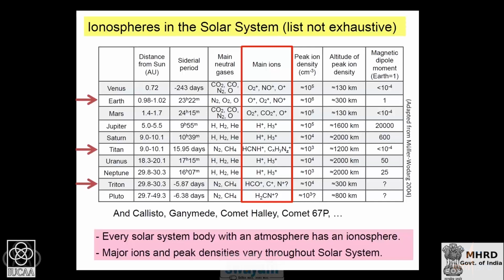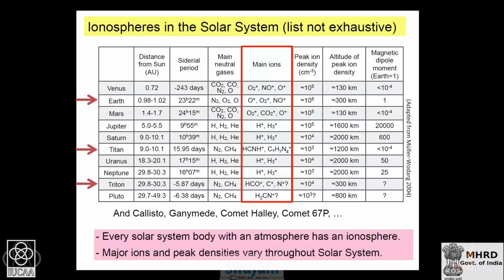Similarly, if you go to Titan, which is again dominated by nitrogen N2, and methane is the second most abundant gas, but it is still just a few percent, the dominant ion is HCNH+, or H2CN+, which is none of these ions. So, essentially photochemistry is playing a dominant role in the atmosphere, which converts these major ions into different ions, and which actually becomes the dominant ionospheric composition.